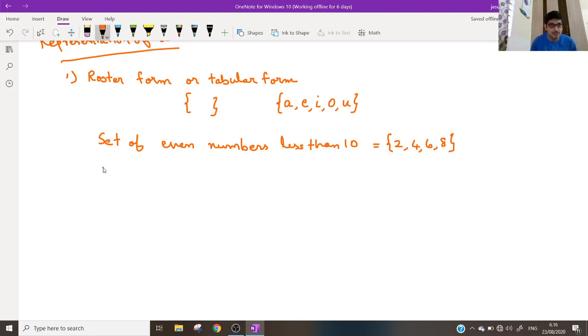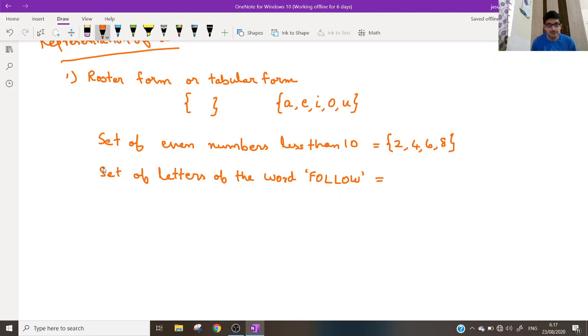Generally, when writing in roster form, we don't repeat elements. An element is written only once. For example, the set of letters of the word follow.